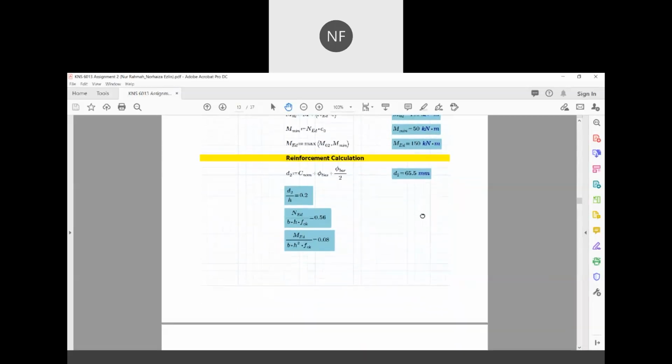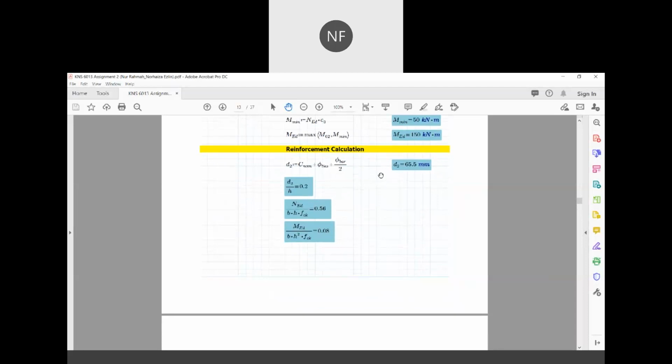And here's the reinforcement calculation, where D2 is equal to nominal cover plus the diameter of the ties plus the diameter of the bar divided by 2, and D2 is equal to 65.5 millimeter.